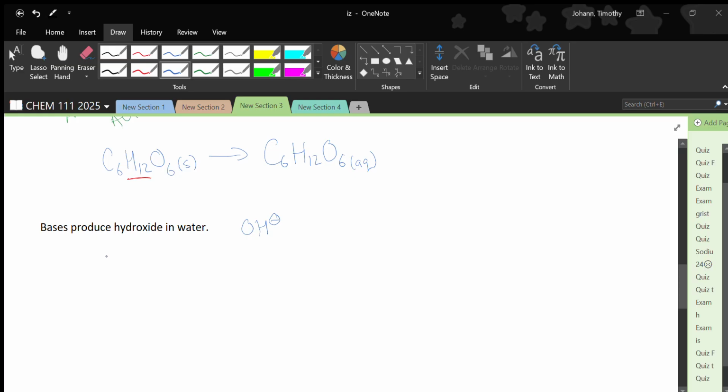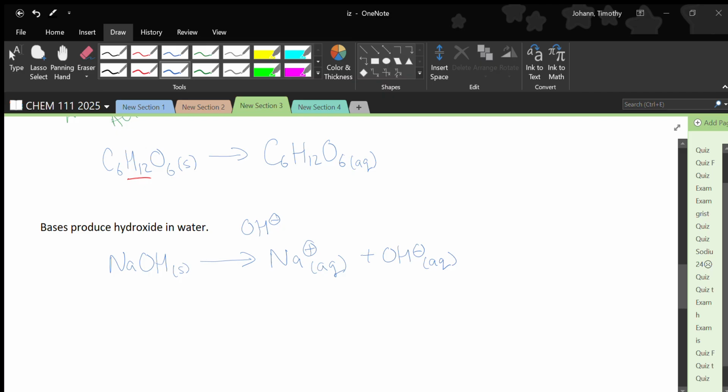What we think about is something like sodium hydroxide. Sodium hydroxide is a solid. We can get it up in the stock room. It's actually very dangerous because it's very corrosive. And it will break up to make sodium ions in water and hydroxide ions in water.